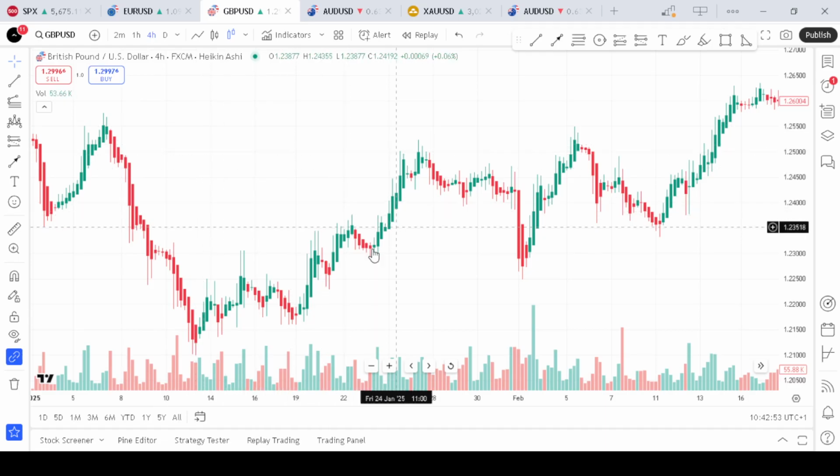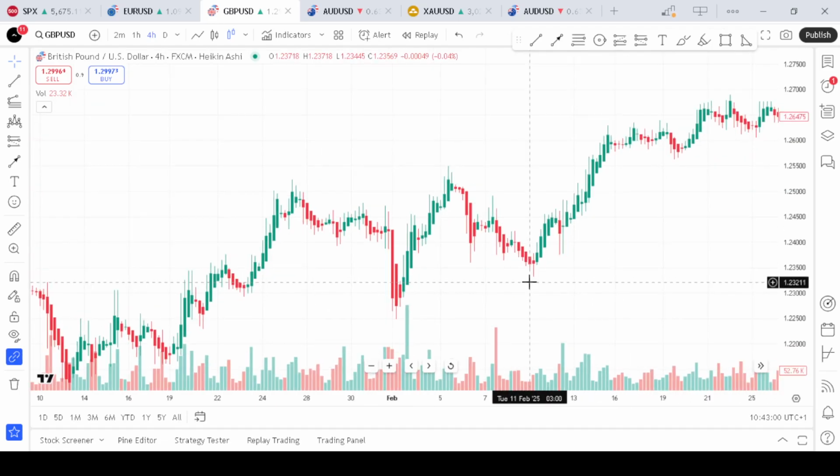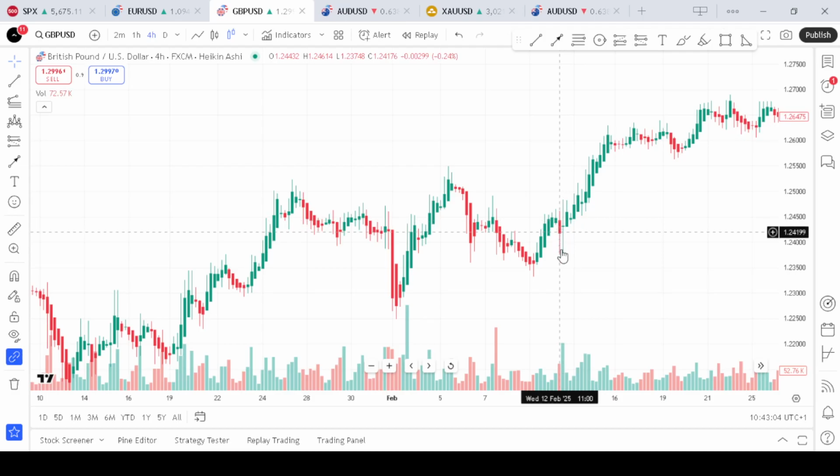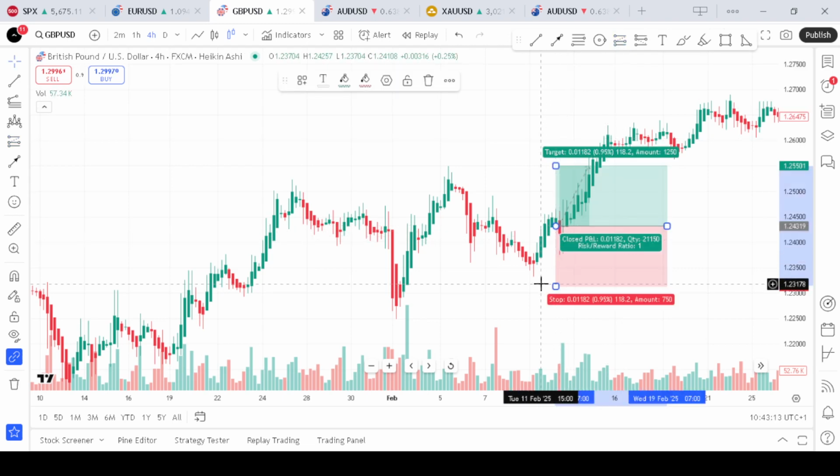In this area, as we see these three candles without lower wicks, we wait for a bearish candle to quickly turn green. When it turns green in this uptrend, we would want to enter our buy trade at this area. This is where we enter our buy trade.